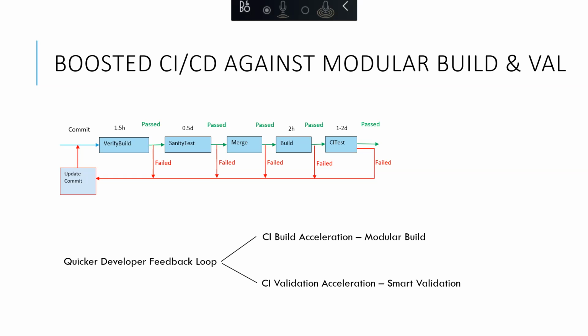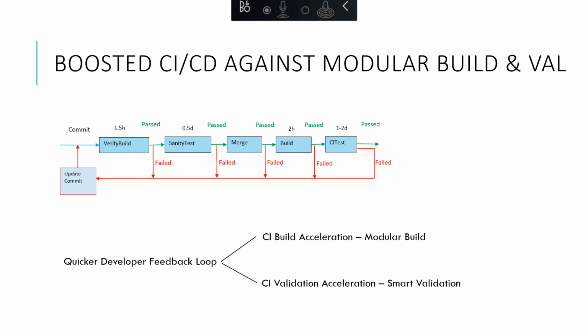So for our case, this is the biggest challenge to us because, as you know, the source code of the media software is about 3 million lines of code. And to build this kind of software, it requires around 1 hour, so 1.5 hours actually.